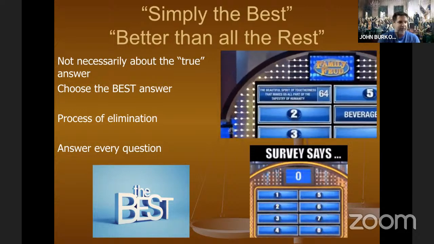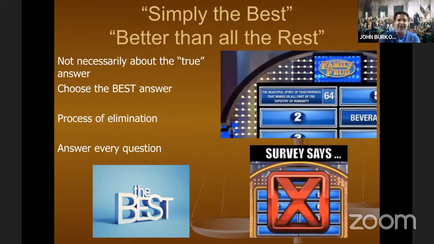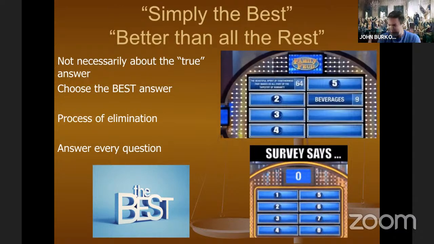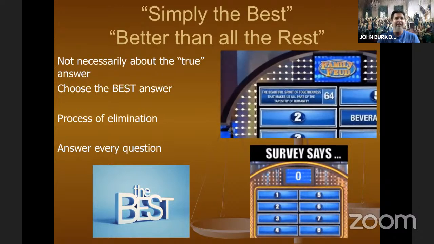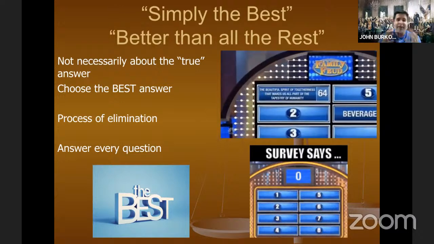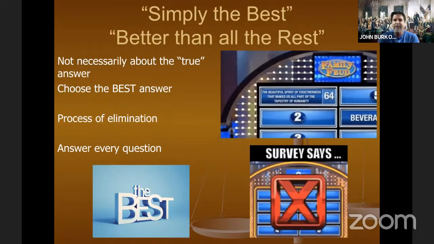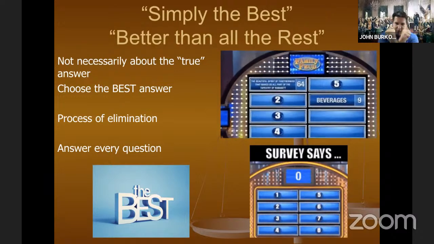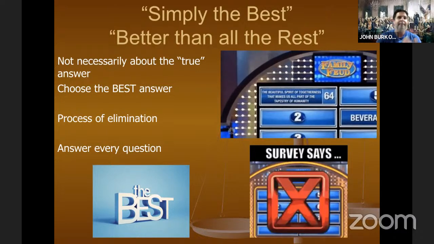I love it on their show when they ask the question and someone gives a bizarre and terrible wrong answer. Even the host is like, oh, here we go. But there are going to be those options where you can just say, get out of there. So you eliminate that. That's where we get process of elimination.